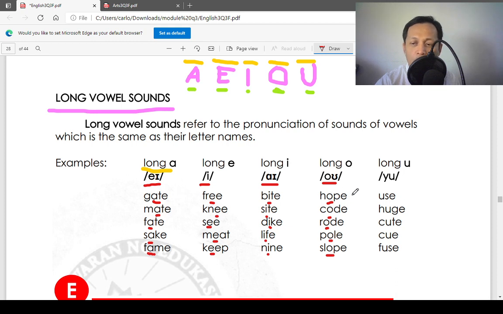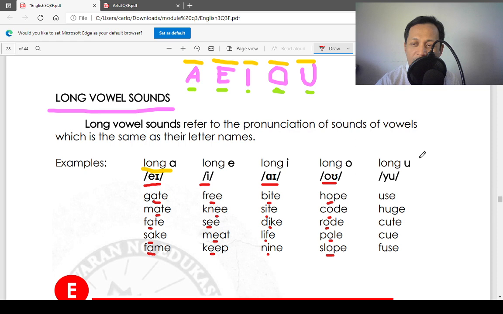We have hope, code, road, hole, and slope. Again, hope, code, road, hole, and slope. Again, that is the long O sound.